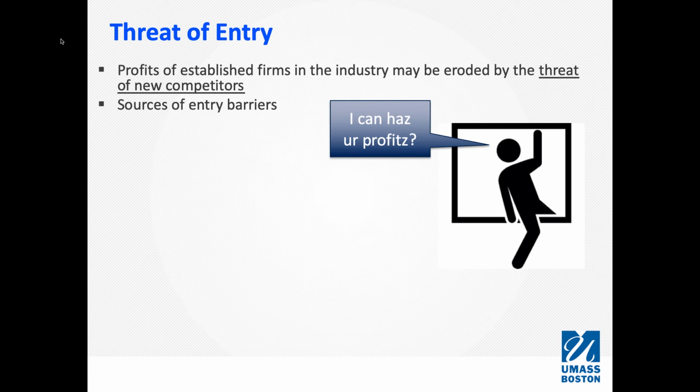Okay. So you're in the industry. You maybe found ways to mitigate buyer and supplier power, but you have new people coming in. Okay, kind of come into the window and take your profits. What are some things that might limit someone from coming into your industry? High startup costs.